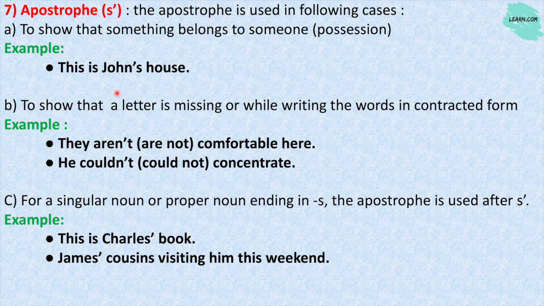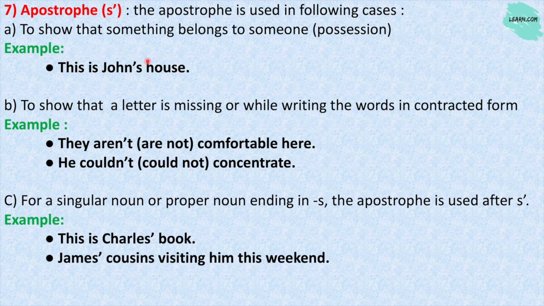Apostrophe. Now, the apostrophe is used in the following cases. How is the apostrophe used? See, the first and important use of the apostrophe is to show possession, to show that something belongs to someone. Here in the example, this is John's house.